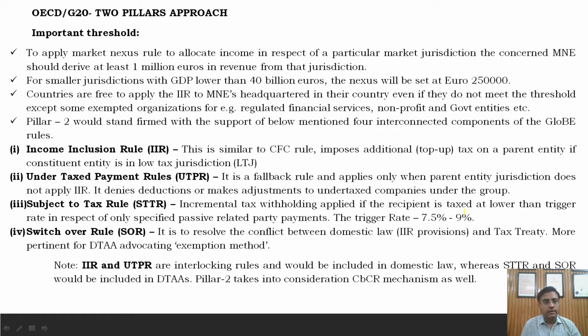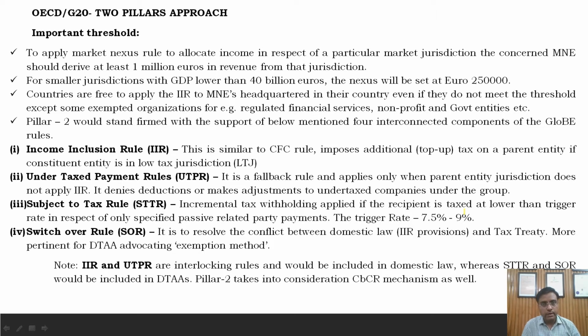What is IIR? This is similar to the CFC rule, imposing additional top-up tax on the parent entity if the constituent entity is in a low tax jurisdiction. Suppose you are a parent company in India and your constituent entity is in Dubai. If Dubai does not pay the minimum level of tax, then parent India has to pay through the IIR.